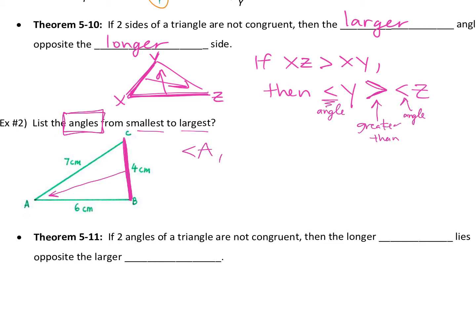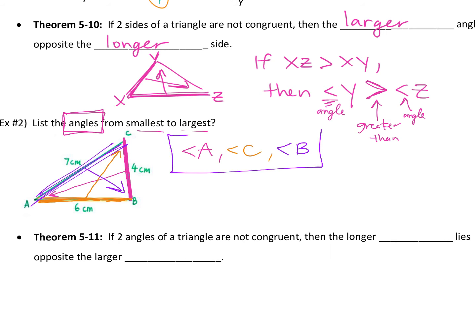What's your next shortest side? The 6, right? The angle associated with the 6 is the angle across from it. So that's angle C. And then your longest side, the 7, the angle across from it is the B. So if we're listing our angles in order, it's angle A, angle C, and angle B. Does that make sense? Yes? Okay.